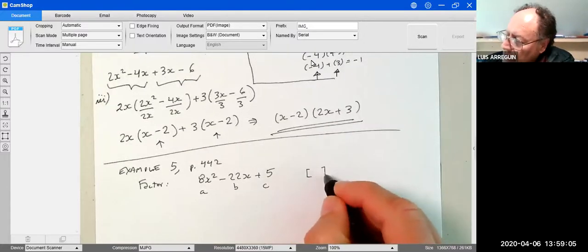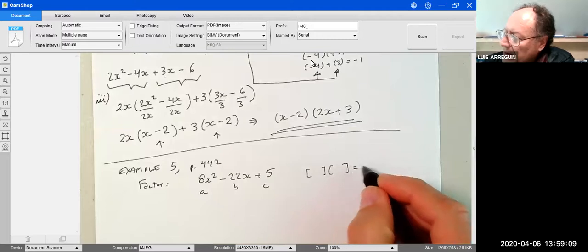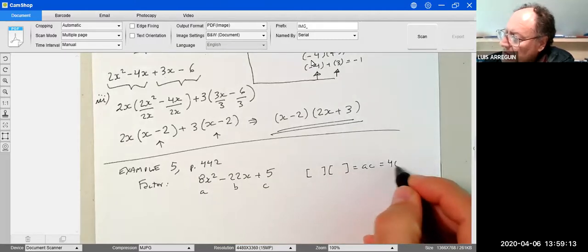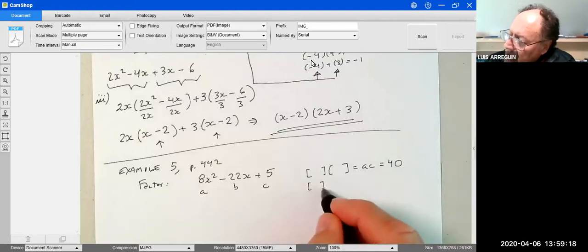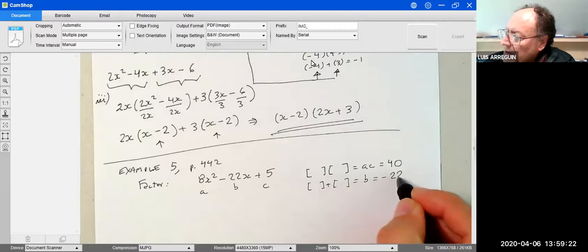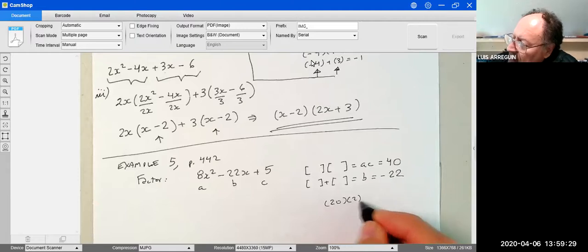So we need two numbers that if you multiply them, you're going to get AC, which is 40. And those two numbers, when you add them up, you're going to get B, which is negative 22. So we're going to start with 20 times 2. So you get 40. 20 plus 2, you get 22.